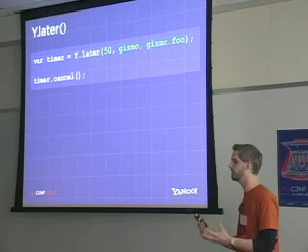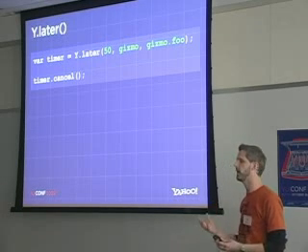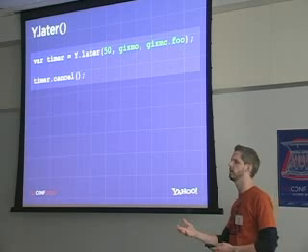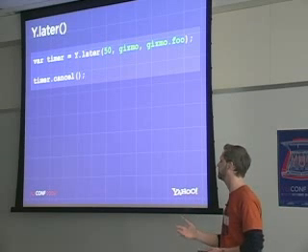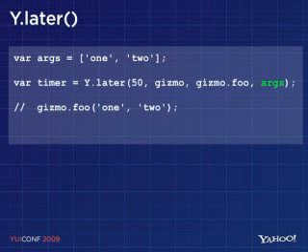Another additional piece of sugar that later brings to the table is it returns you an object with a cancel method. So canceling your timer is as easy as essentially just calling a cancel method. If you want to call your function with arguments, you can construct an arguments array that you pass as the 4th argument to later.